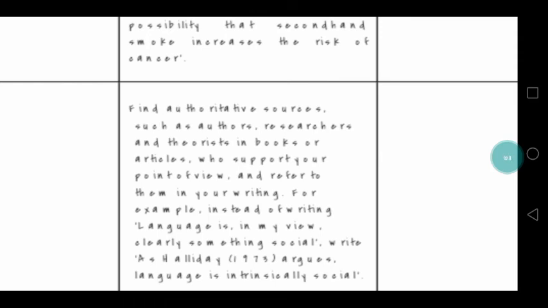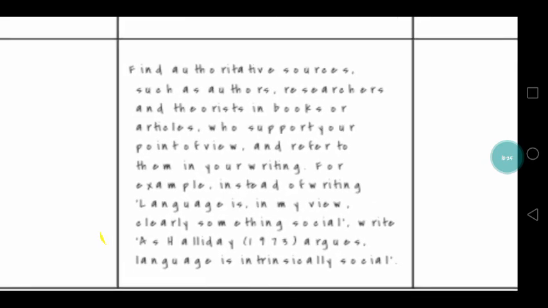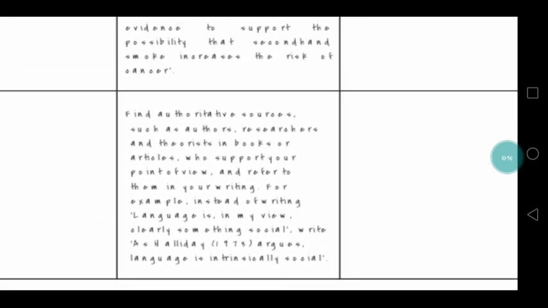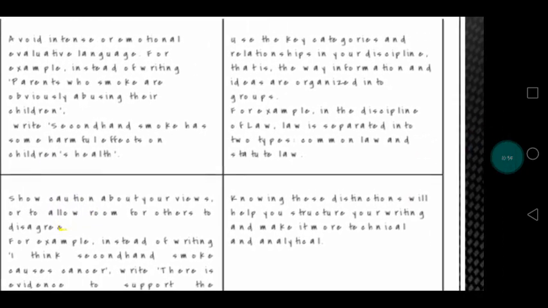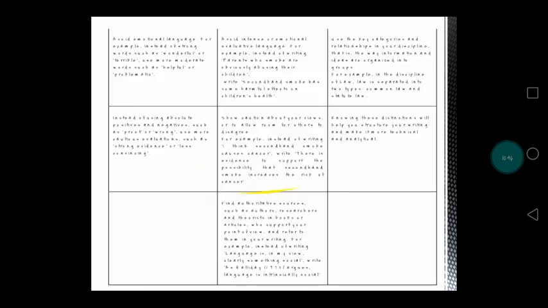For example, instead of writing, language is, in my view, clearly something social, write, as Halliday 1973 argues, language is intrinsically social. And for technical, knowing this distinction will help you structure your writing and make it more technical and analytical.